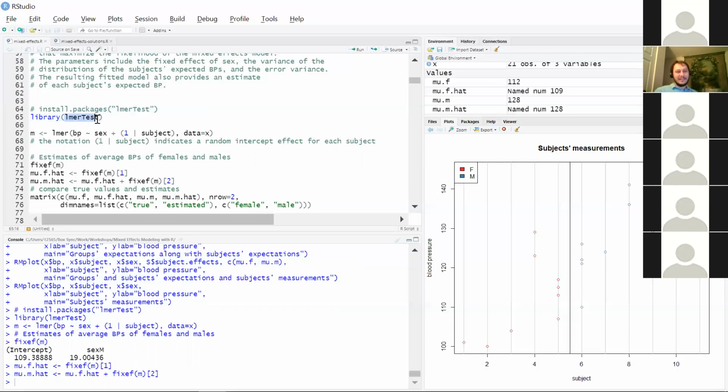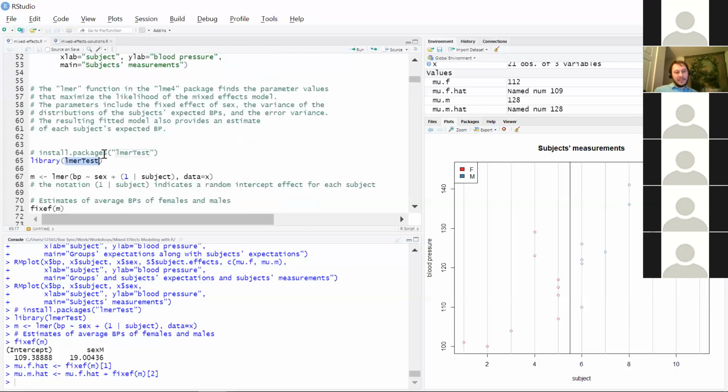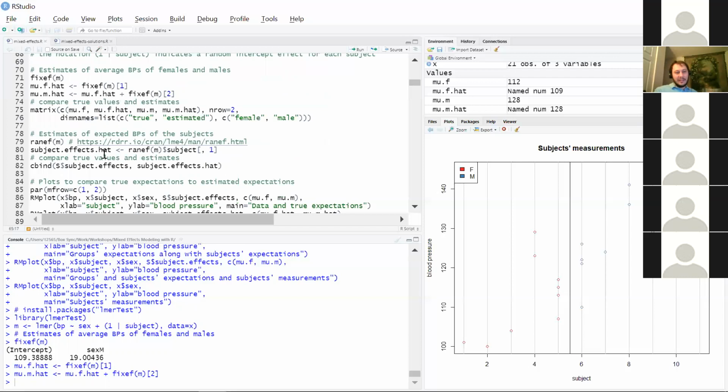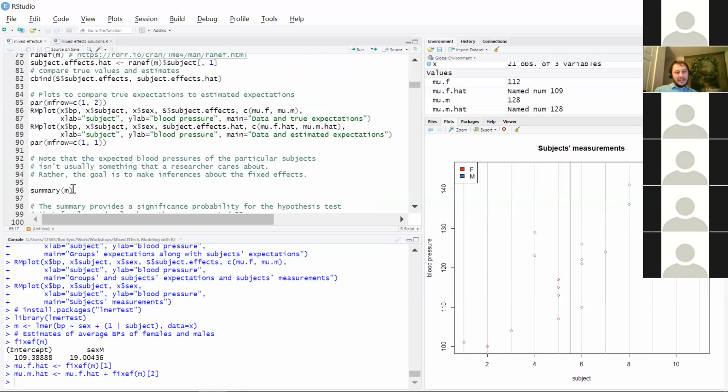If you want to see p-values that will generally be accepted by practitioners, then you need to go a little above and beyond the lme4 package. So lmerTest is going to bring in lme4 automatically, and for one thing, it's going to show you p-values when you do your summary of your model.